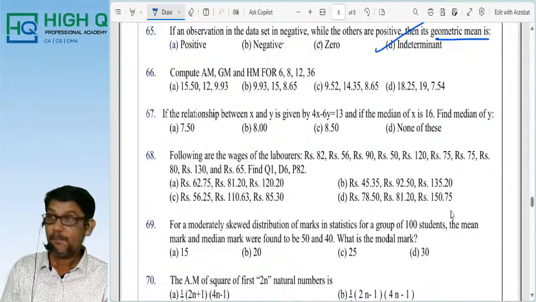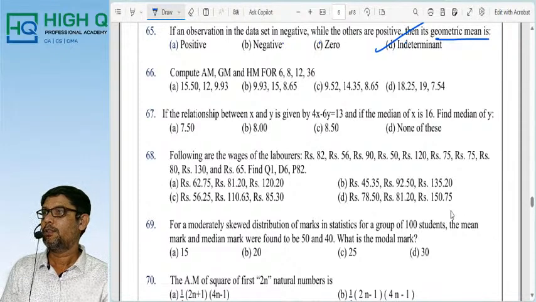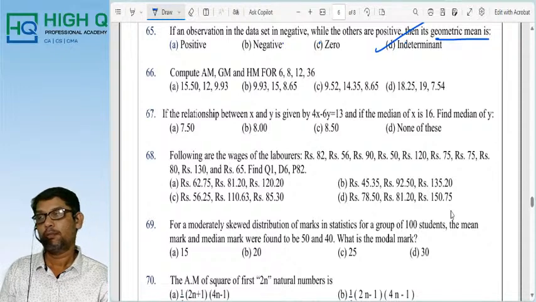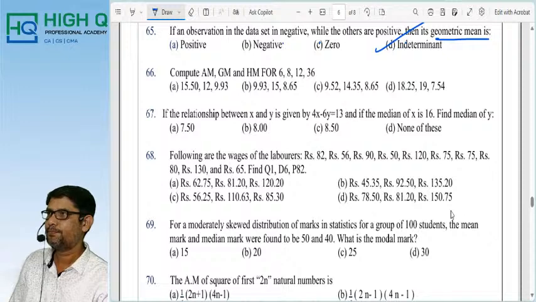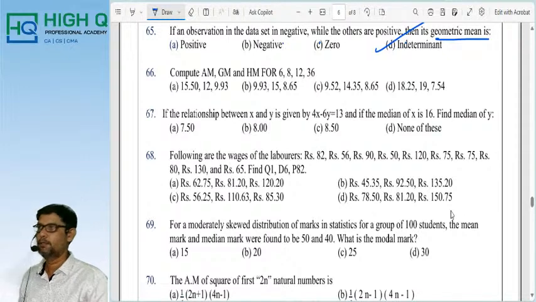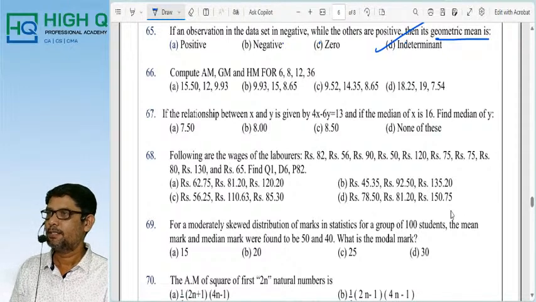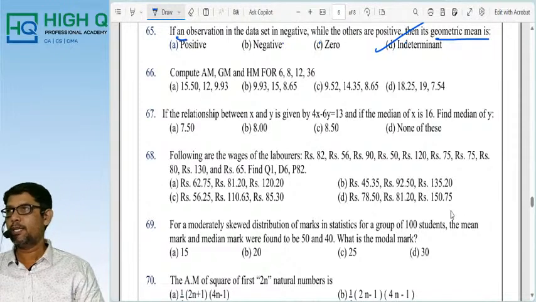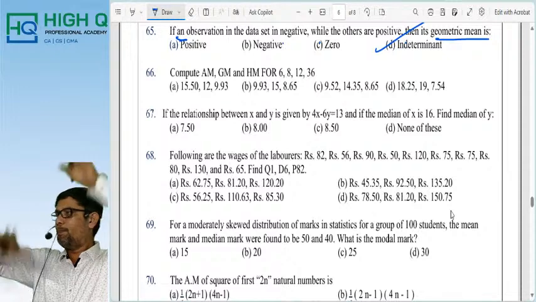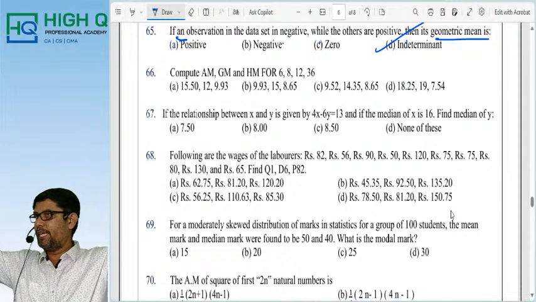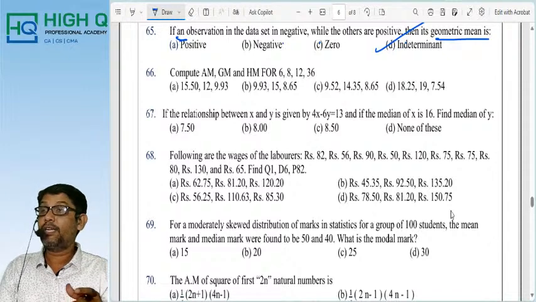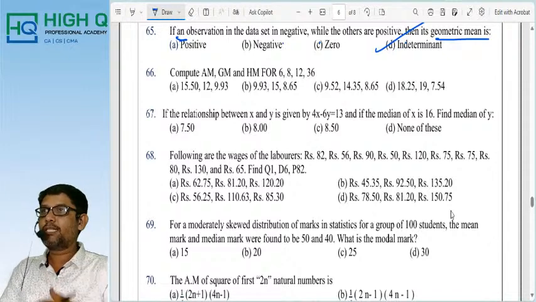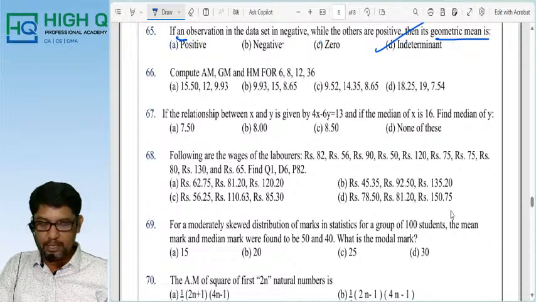No, here it's clearly given one observation is negative. Also, I told you in the class, when we are talking about profit and negative, find the average profit and negative. Definitely the geometric mean is not possible because profit and loss comes in negative. Therefore, geometric mean not possible.